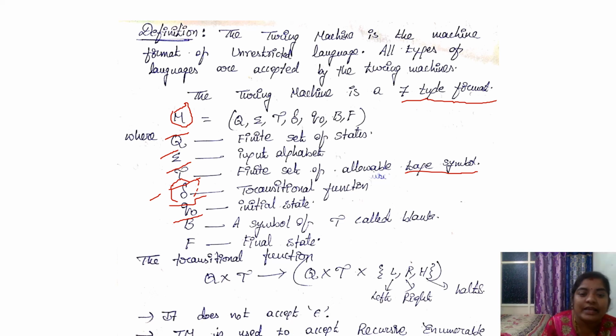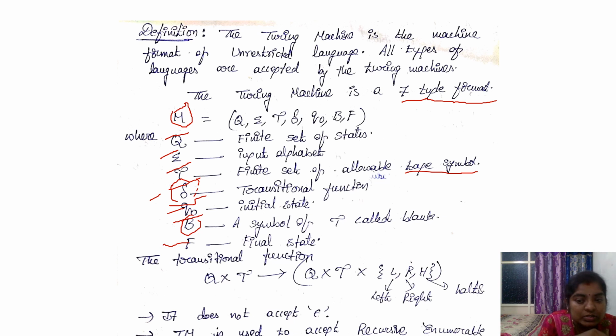In the similar way, in this case also Q0 is the initial state as well as F is the final state. So what is the meaning of that particular B? The entire input symbols are stored in some input tape.